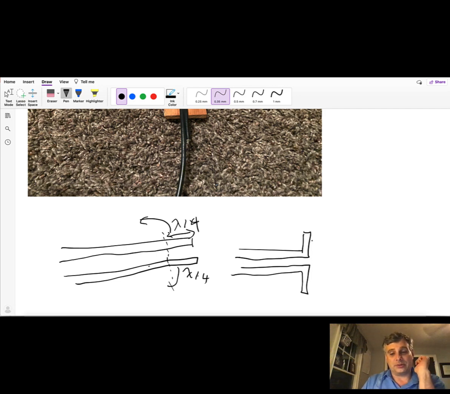And it'll take us a while to prove that, but suffice it to say now that what that means is that I'm going to have currents, a standing wave of current on this antenna, which is going to contribute to radiation. And then I'm going to have other currents here that do not contribute to radiation.